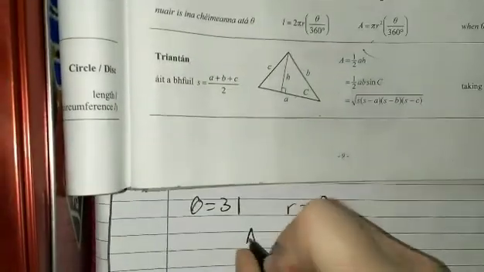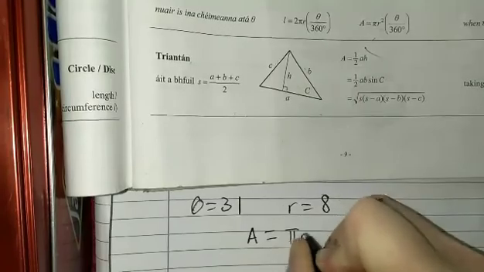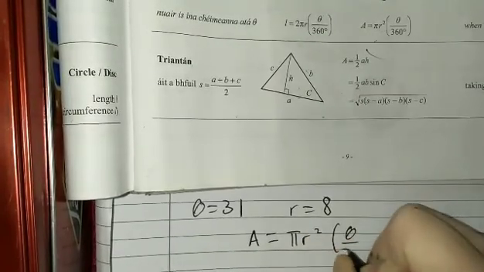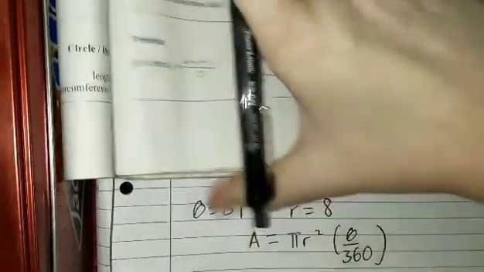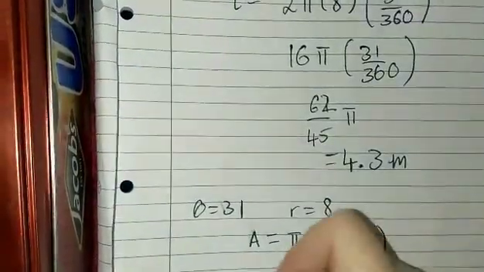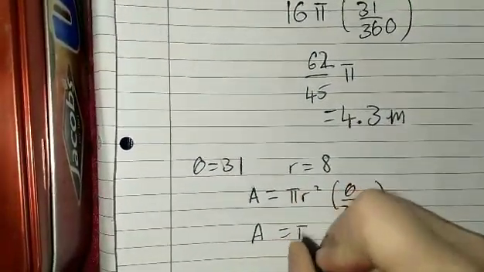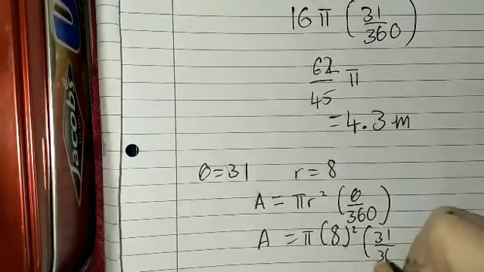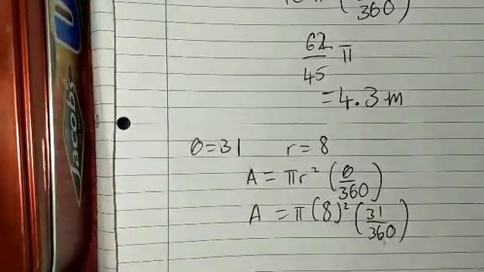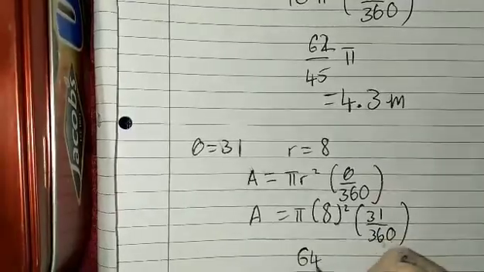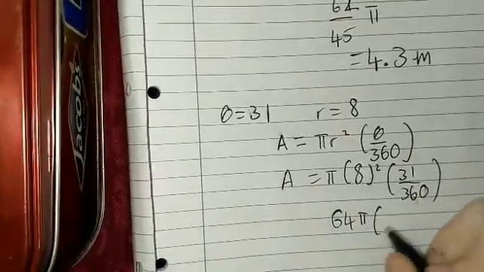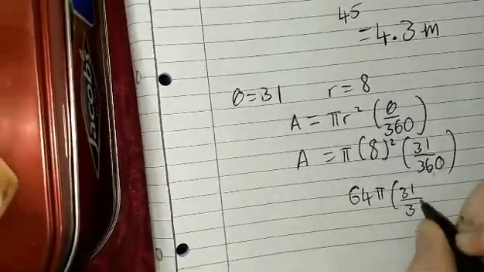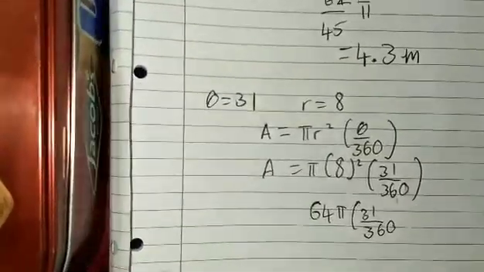So the area is going to be pi r squared, and then my angle over 360. So my area is going to be equal to pi 8 squared, and then 31 over 360. So that's going to be 64 pi, and then 31 over 360.